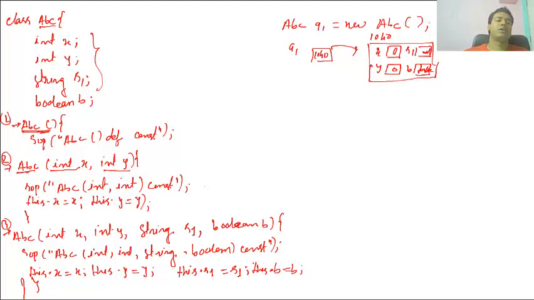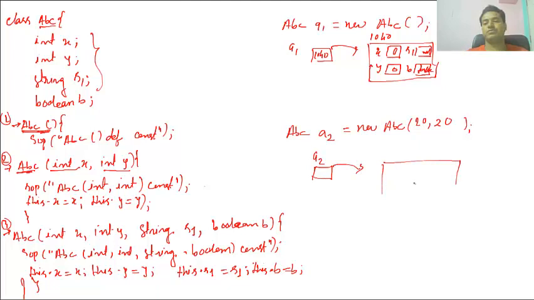If I use the next constructor, then say ABC A2 is new ABC, and you have to give 2 parameters to call this constructor, right? So I'm giving, say, 10 and 20. Now how does this memory get allocated? This is A2 and it creates an object. Inside this object you have X, and the X value is already supplied, so it is 10.